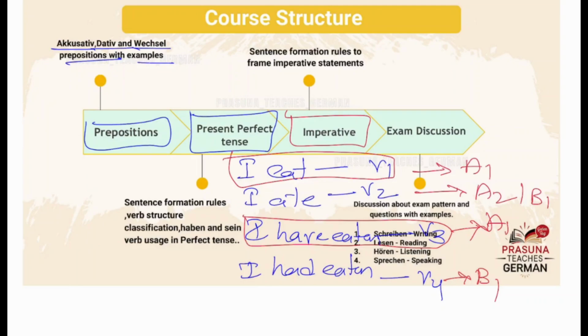Likewise, we pose suggestions, requests or instructions to others without a subject. How we can do that in German, we will learn in this imperative module. Imperative in English, imperative in German. And lastly, we have the exam discussion, where we discuss the reading module, writing module, listening module and speaking module. The complete exam discussion we will have in this exam discussion module.